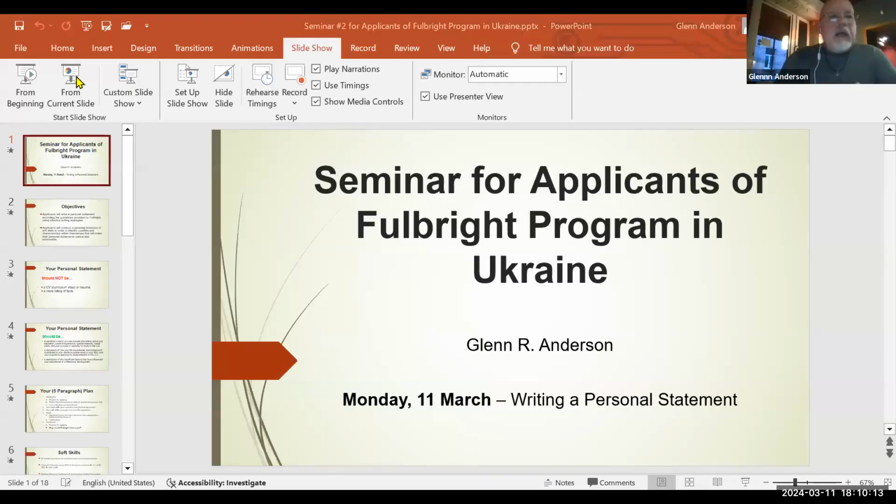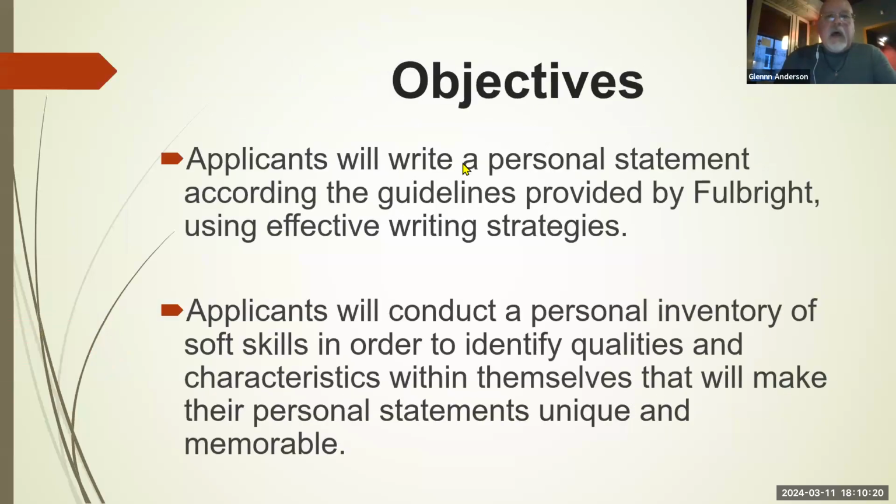So if I can share the screen here, just from my years as a history teacher, I always begin my classes by telling my students what it is that I expect them to get out of the class by the time that we're done, the objective. And so our objective here is very simple, that applicants, that's you, will write a personal statement according to the guidelines provided by Fulbright.